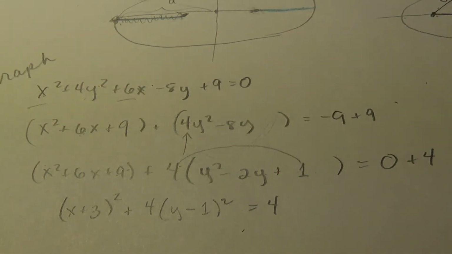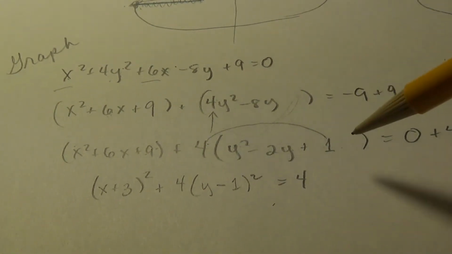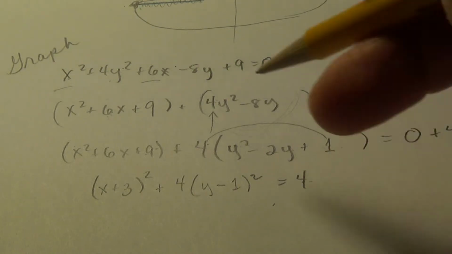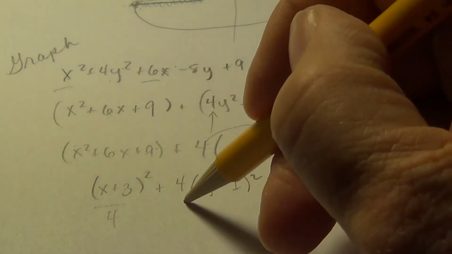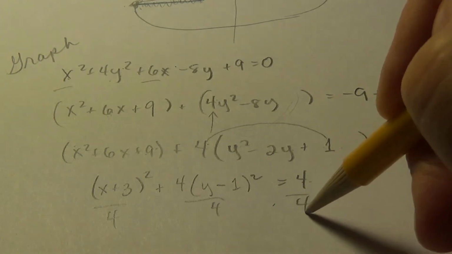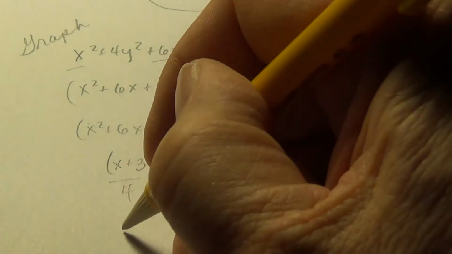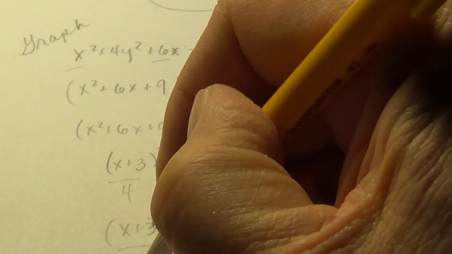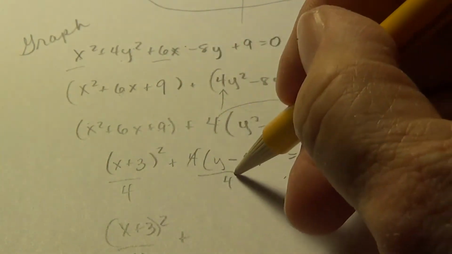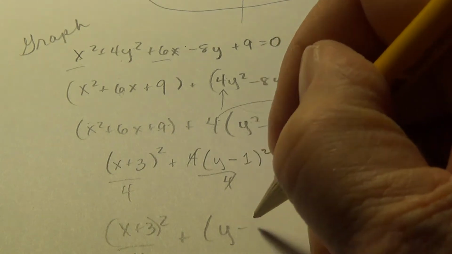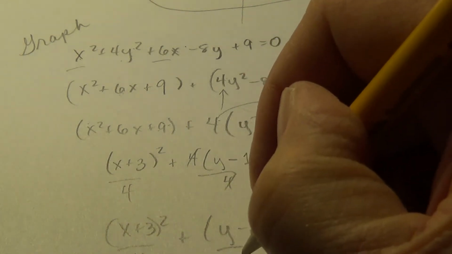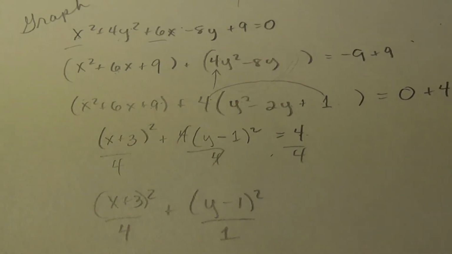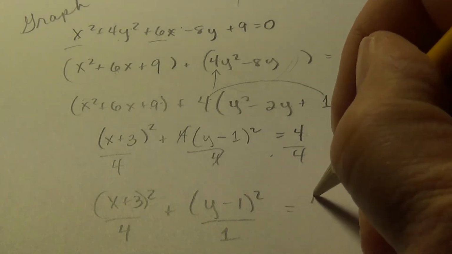And if you recall, on the ellipse, this has to be a 1, so we can divide every term by 4 and create the 1 that we need. So we have x plus 3 quantity squared over 4 plus y minus 1 quantity squared over 1, with these 4's reduced to a 1, and equals 1.